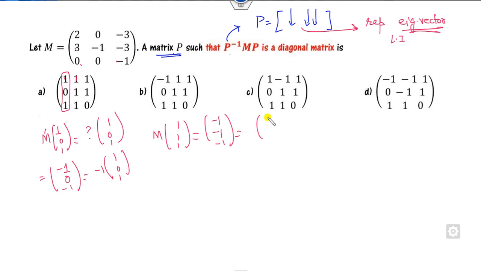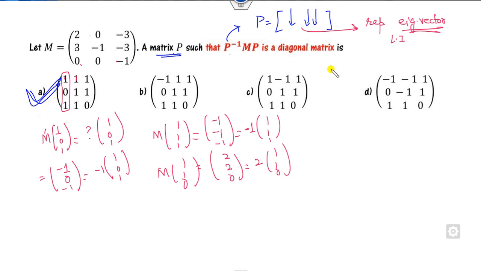Can I write it as 1, 1, 1? Yes, so minus 1 is the eigenvalue. Similarly for the third, 1, 1, 0, that is the first and second, so it will be 2, 2, 0. Again I can write it as 1, 1, 0. So this is the right answer, since only one correct option is there. These are the eigenvalues.